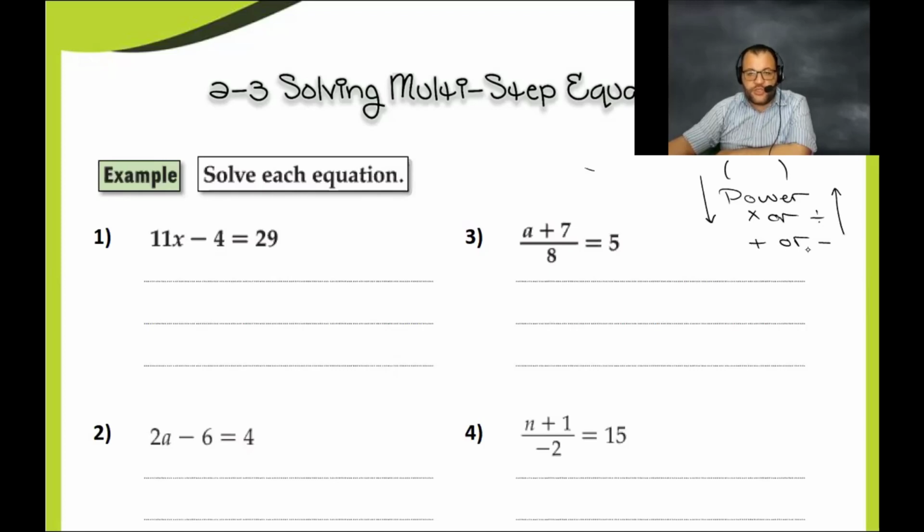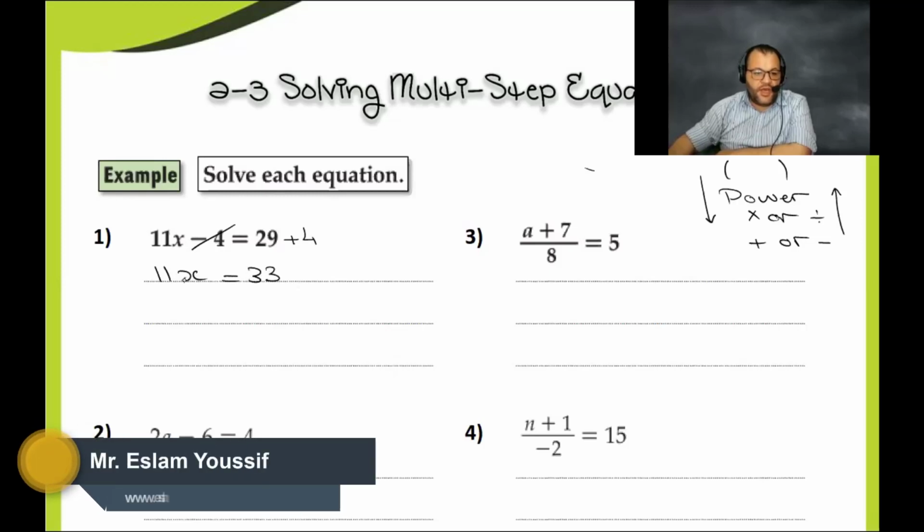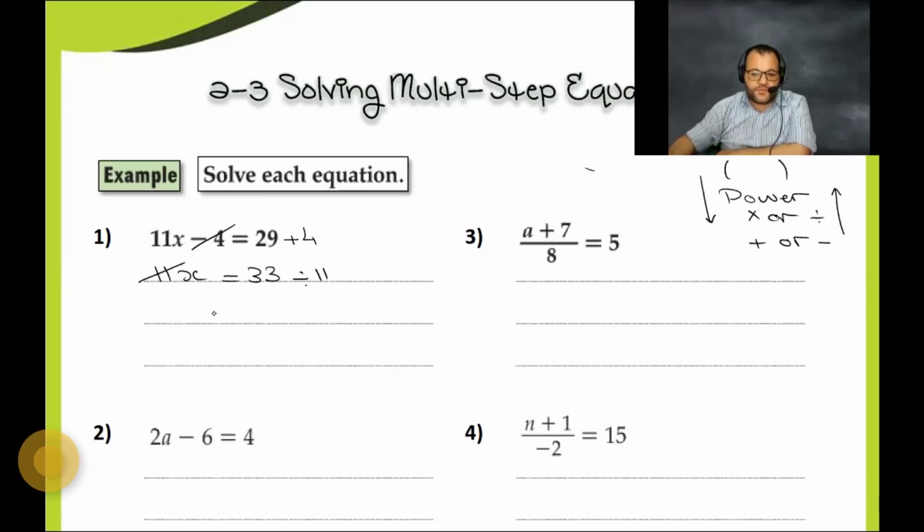At first, you need to remove plus or minus. Because we have minus, we shift it to the other side by using the inverse operation, which is plus. So 11x equals 33. Now what is the meaning of 11x? It means 11 times x. So to shift 11 to the other side, we divide. So we have x equals 3. That is the first one.